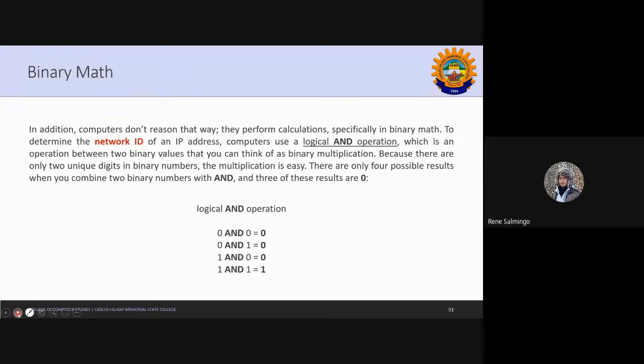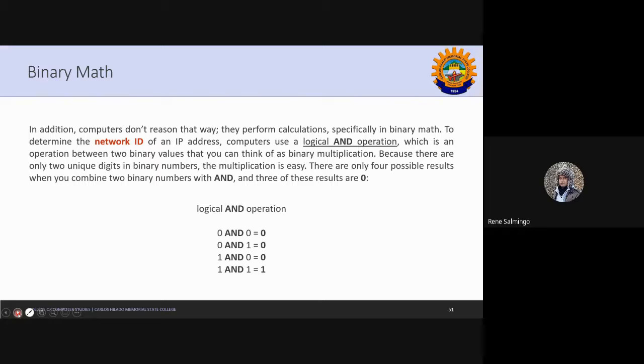So now we have to go with the calculation, and it's more on digital logic. So we have here the logical AND operation. What is logical AND? If the two inputs are the same, you will have an output. But if the inputs are not the same, you won't have an output, and that would be zeros.